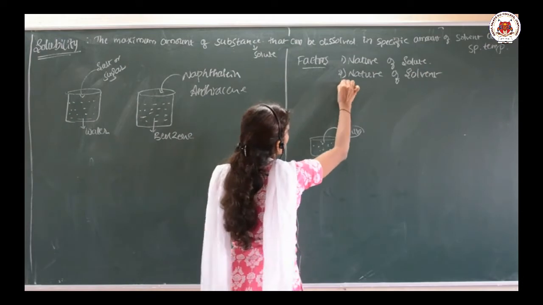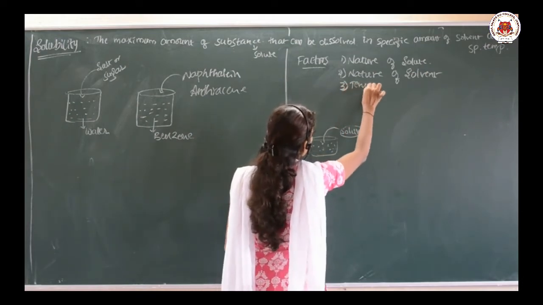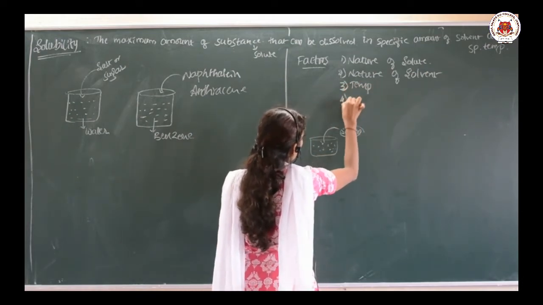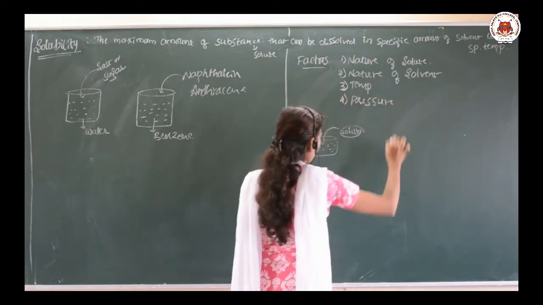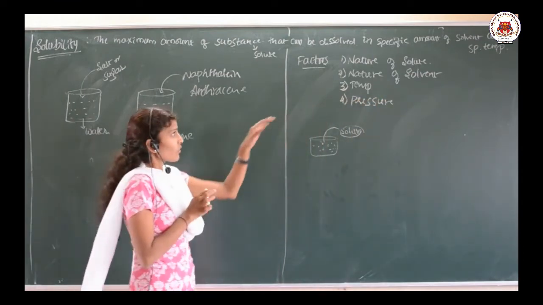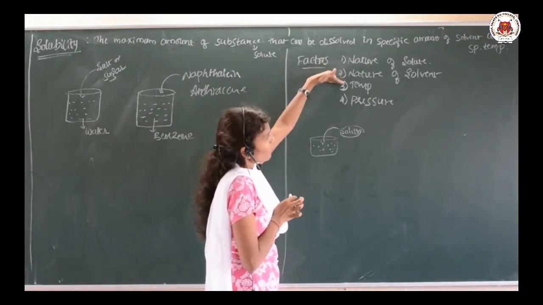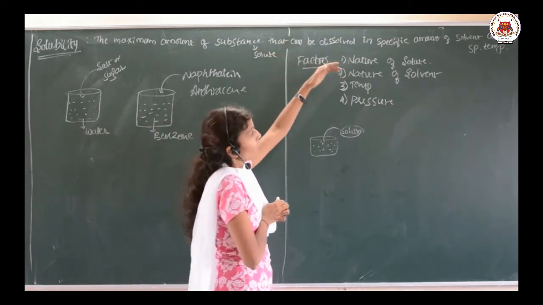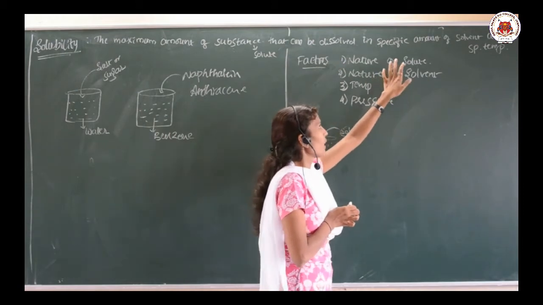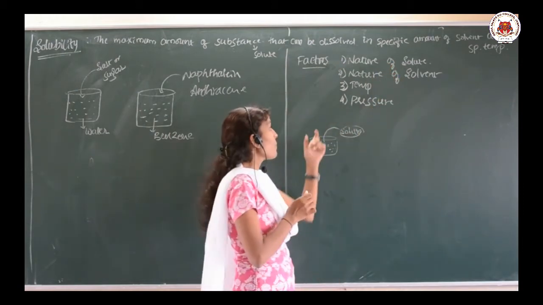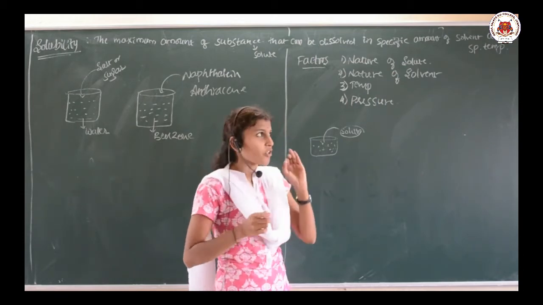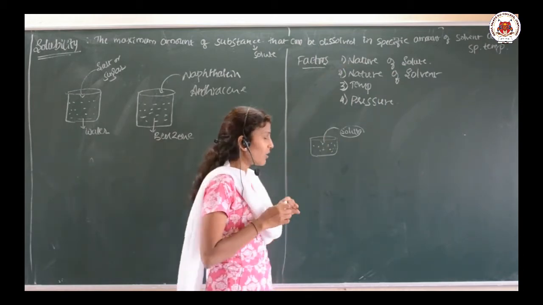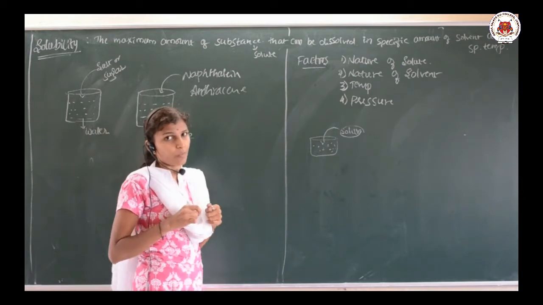One more factor is temperature, and one more factor is pressure. So, first is the nature of solute, second is the nature of solvent, third is temperature, and the fourth is pressure. All these are the factors which affect the solubility.